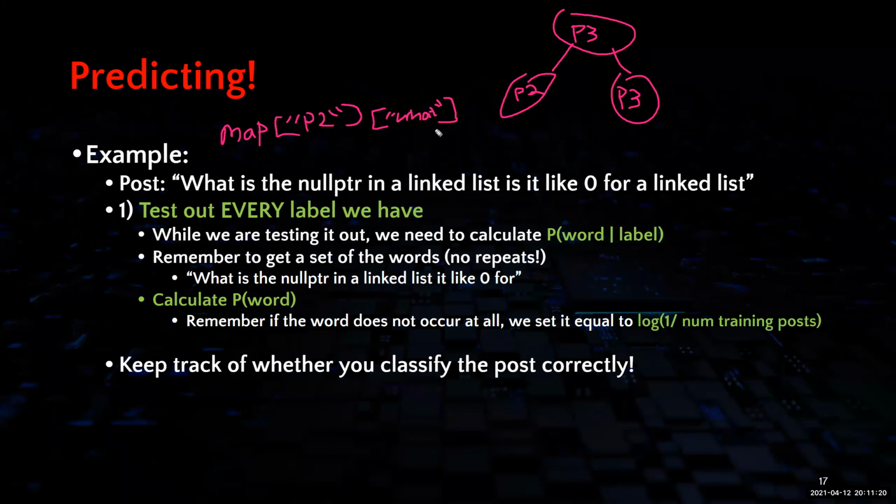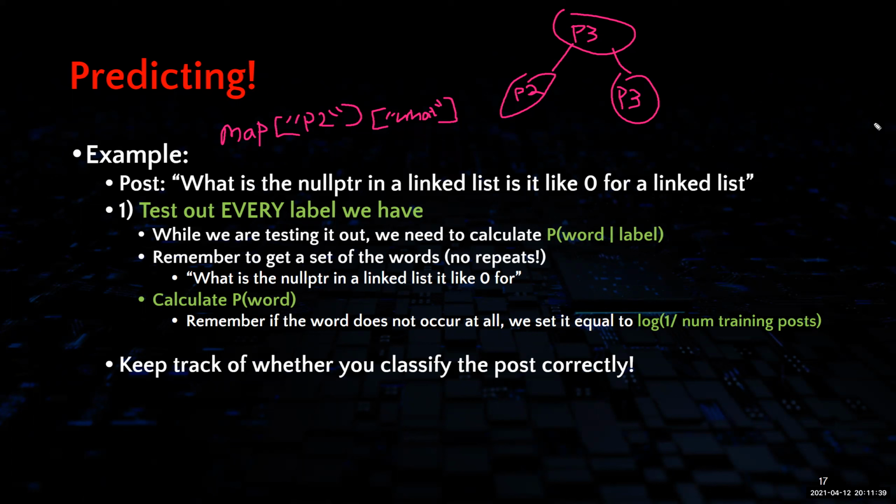I'd add those up for every word in the post. My goal here is to find the smallest one. After I compute the log probability of this existing, I can compare it to the best score I've gotten from these 3 labels.